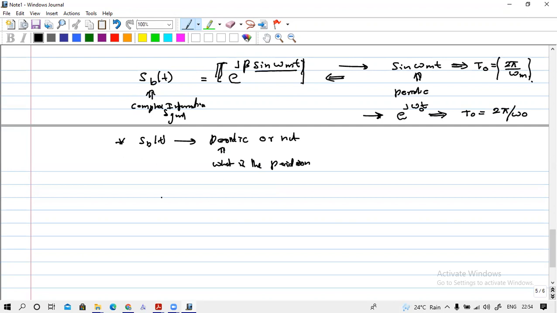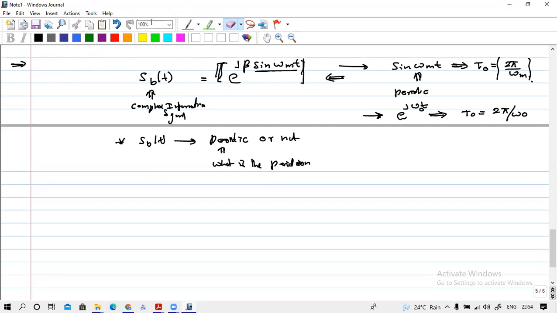You can prove it. The condition for periodicity is that x(t plus the fundamental period) is equal to x(t). Using this condition, I hope you can prove this and find the T value. If you are interested, you can try it as homework.